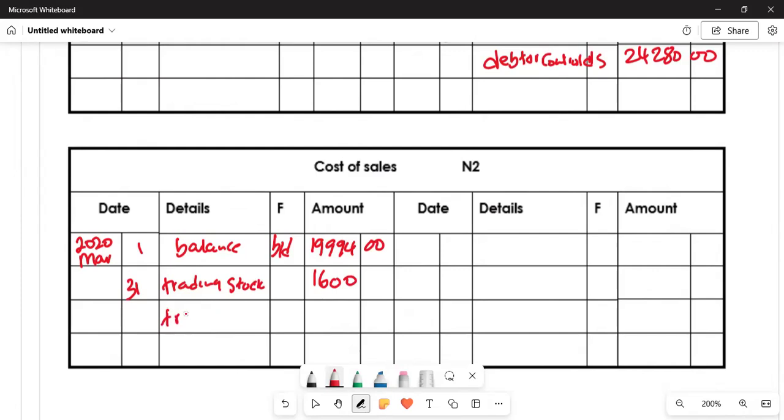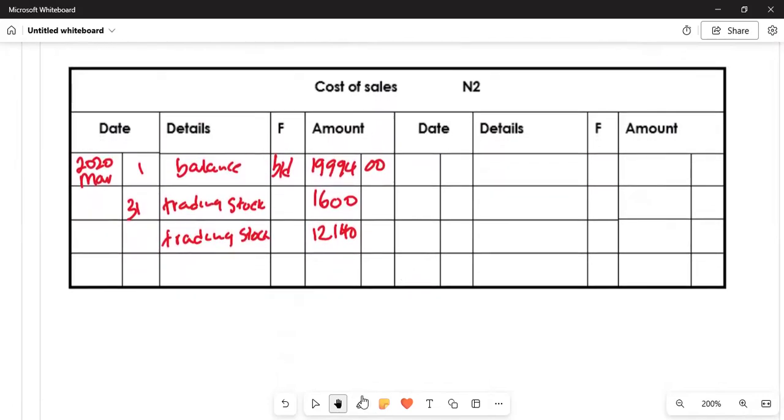Also, we're going to have trading stock. These are the costs that we calculated. Here we have 12,140. Can you still remember for our debtors journals, for those goods that we sold on cash, we calculate the cost of sales of 50% as well, if you still remember that.